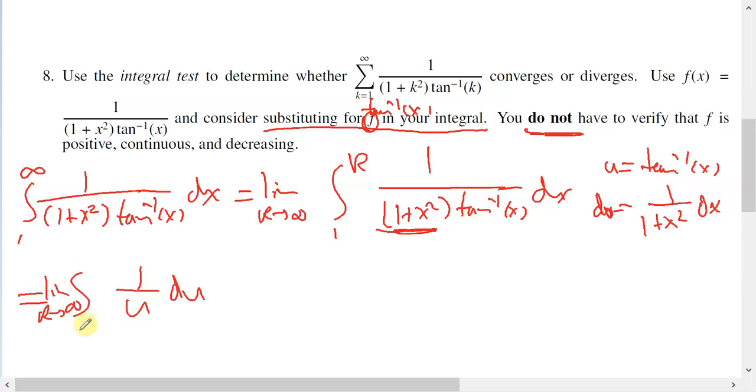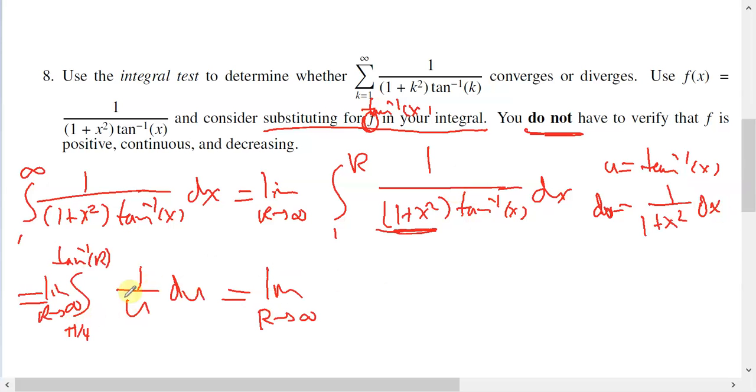So tangent inverse of 1, which is pi over 4, and tangent inverse of r goes in the top. And so now I can evaluate this. This will be the limit as r goes to infinity.